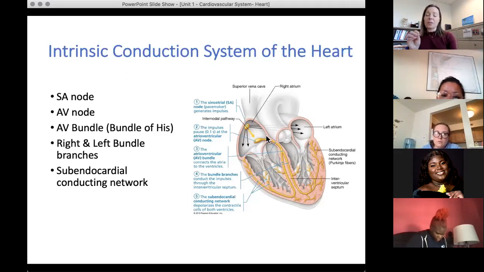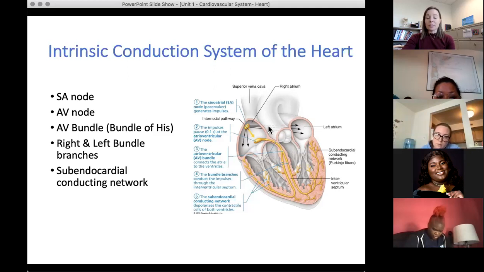It's all the way down in the bottom of the right atrium, and also at the very top of the interatrial septum. It's all the way down right here. And this is then going to conduct action potentials to the atrioventricular bundle, which travels down here.